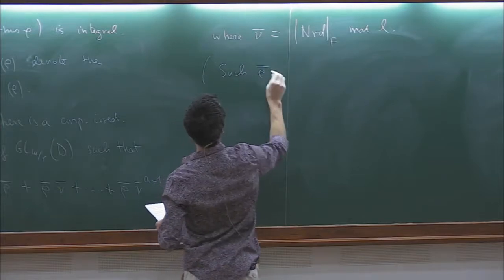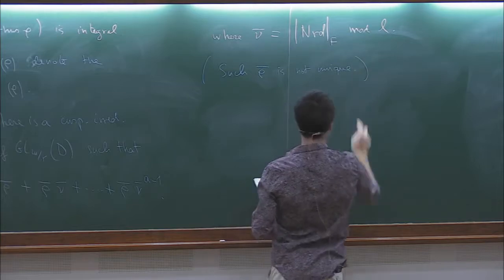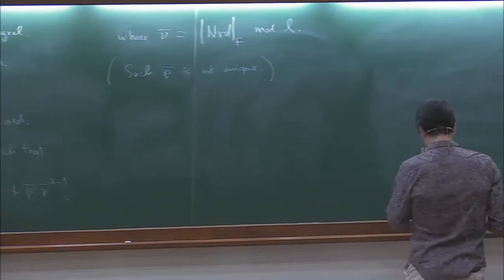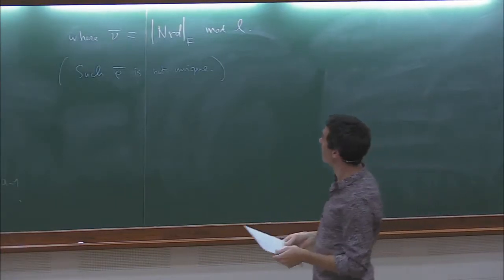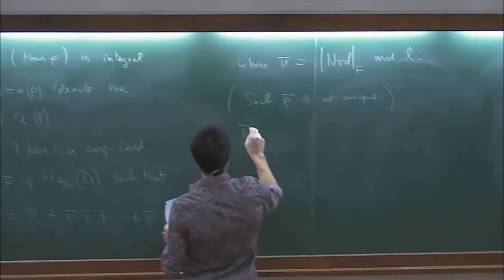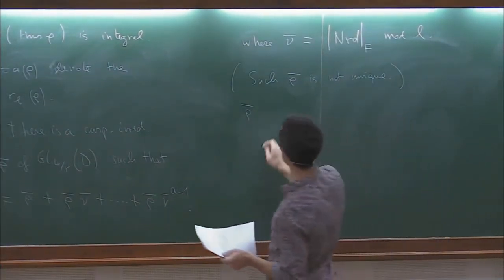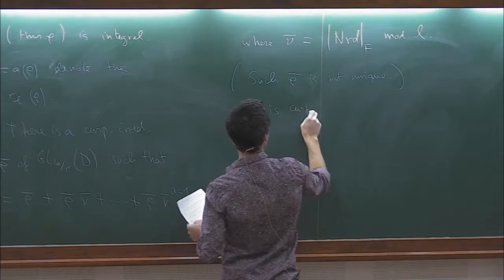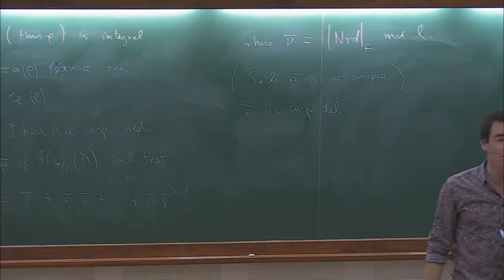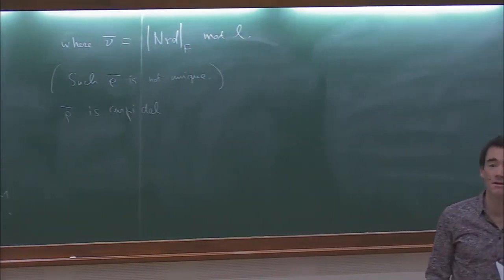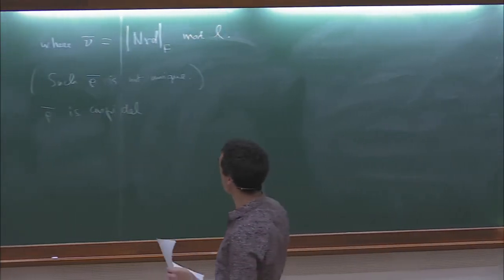So such a rho bar is not unique. But whatever the choice you make, rho bar is cuspidal, because one can prove that reduction mod L commutes with the parabolic restriction functors.